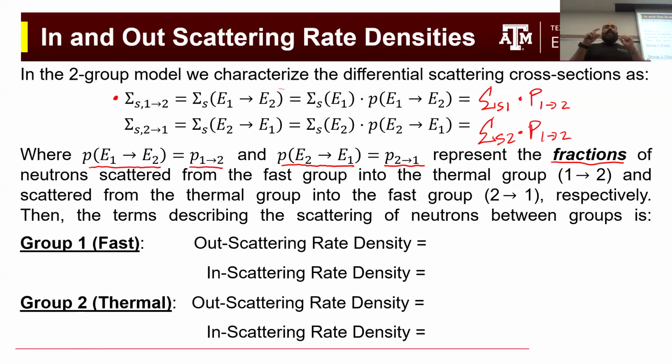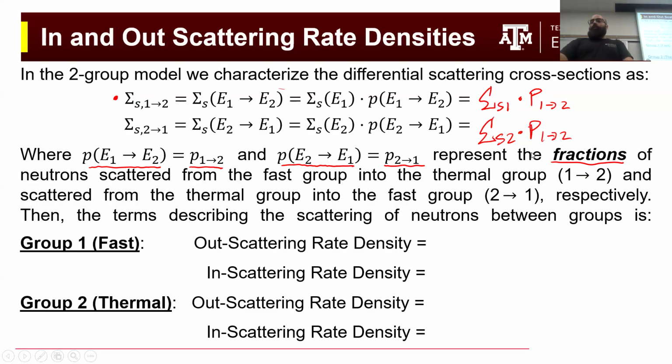In other words, with the lowercase p, I've already taken that probability density function and integrated over the range that corresponds to each group. So that's the difference in notation going from big P to little p: I've already integrated it over the corresponding energy range.